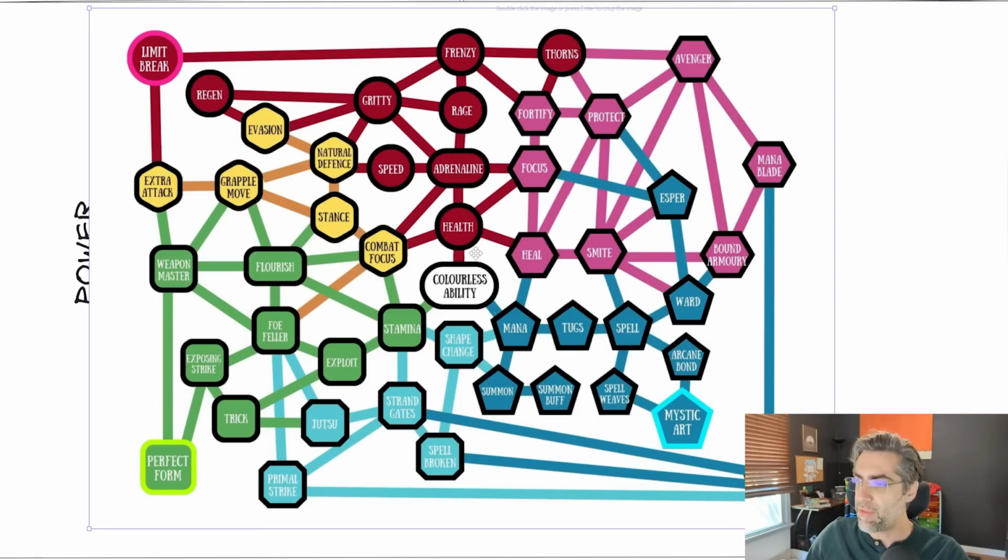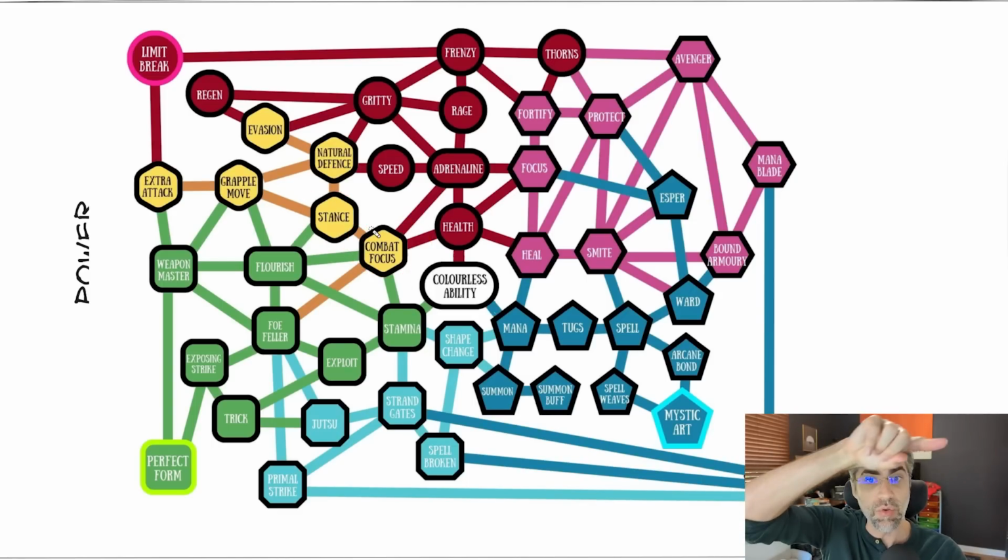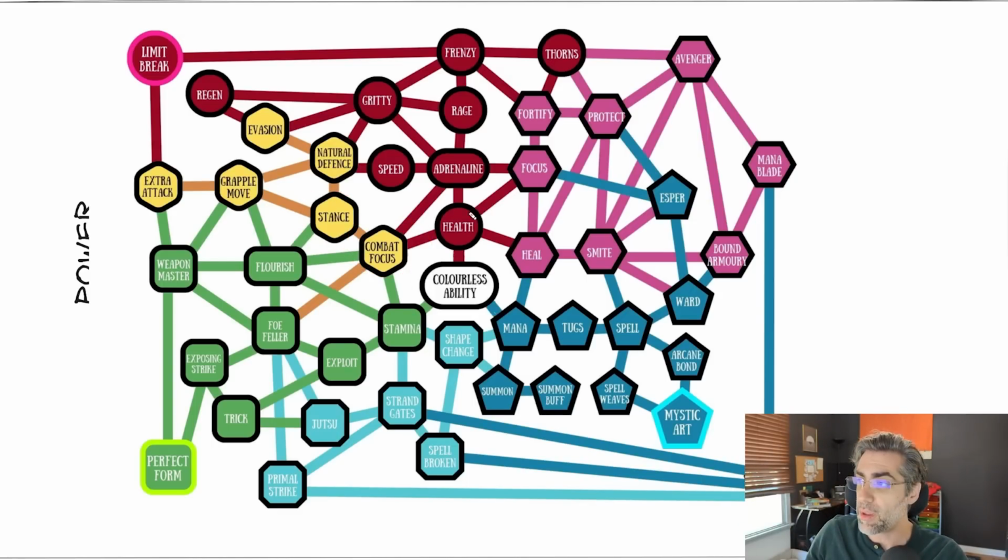Every time you advance, you choose where to place your points along this grid, and you have to connect to pick something else along the path. And for you to grow numerically, to grow in power, you need to invest more points in a single node. Like if you want to keep pumping up your health, you have to keep putting points into the health node. But doing so means you're not spending points to advance toward the adrenaline and rage and frenzy nodes, which actually give you new abilities.